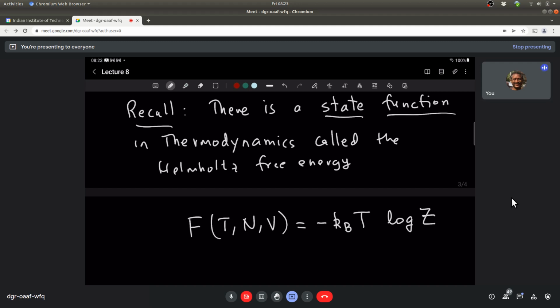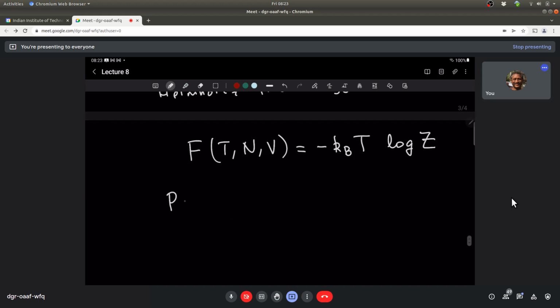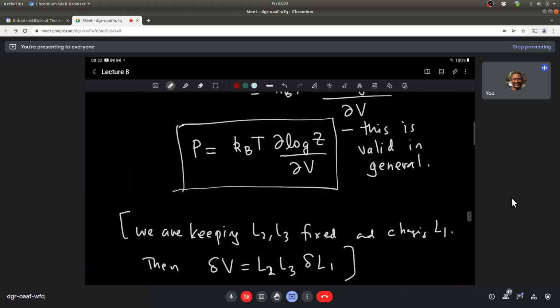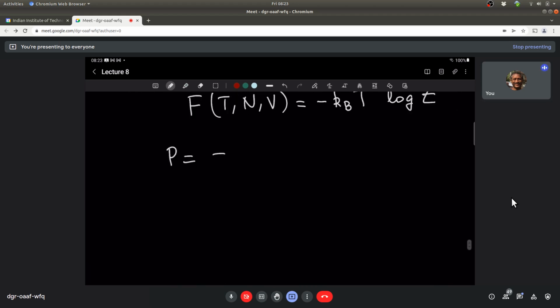Are we doing a constant volume experiment? Are we doing a constant temperature experiment? Are we doing an experiment keeping pressure constant but letting volume vary? Depending on that, in thermodynamics, you will introduce state functions which describe various things. If you make this correspondence, then we get a formula which we can compare with. So let's go back here. kBT is independent of V, so I can take it inside the derivative. We get this formula for pressure, which says it is minus dF by dV.